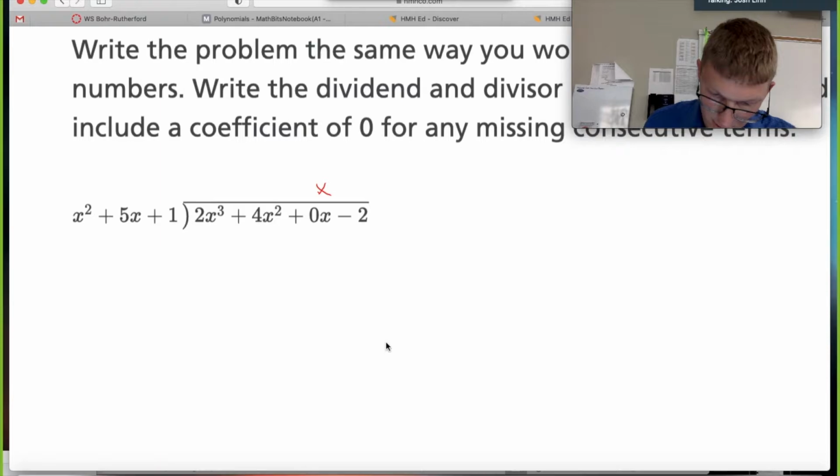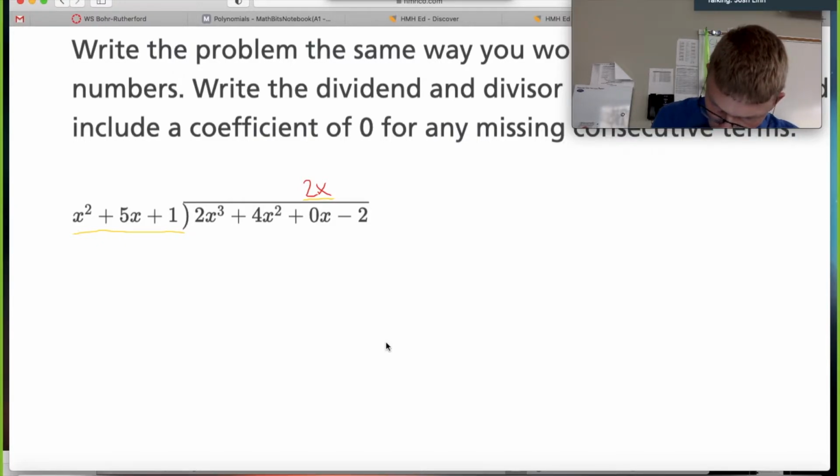So there's our x. And then we'll need a coefficient. So again, how many times does this go into this? 2x times. So it's going to go in 2x times. So once we have that, now we just take this number multiplied by all of this.